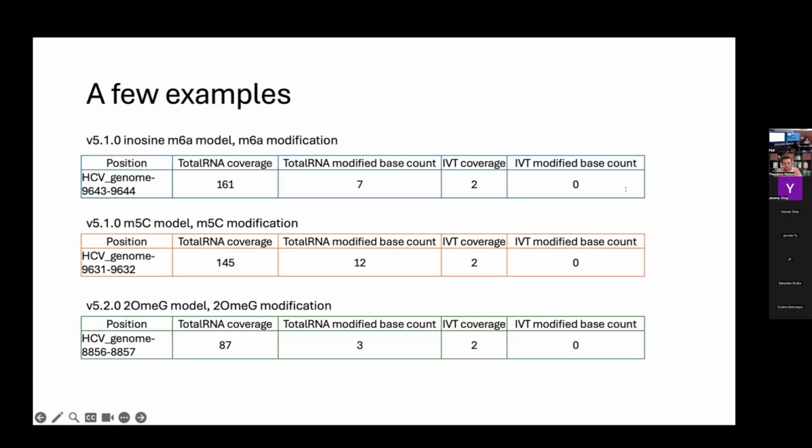Meanwhile, in the in vitro transcribed sample, we had a coverage of 2, and neither of the molecules were modified. So this is kind of the most convincing evidence that I could get of a modification. And you can see similar evidence of an M5C modification site, as well as a 2'O-methylguanosine modification. So it does seem like we have some evidence that we can detect these modifications in the total RNA sample.